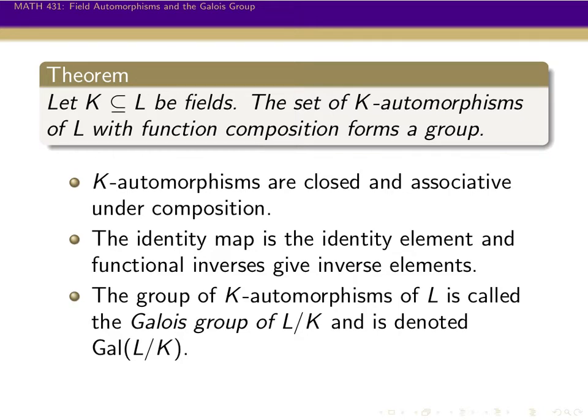And so when we're talking about this group, we're going to give this group a special name. The group of K automorphisms of L is what's called the Galois group of L over K, of the extension L over K. And we're going to denote it by Gal of L over K. Okay, and so Galois group, this is named after Galois, who really spearheaded this study. And so we still call it that today.